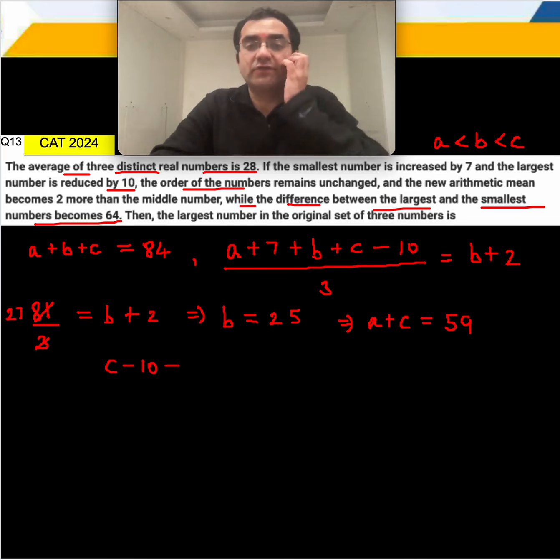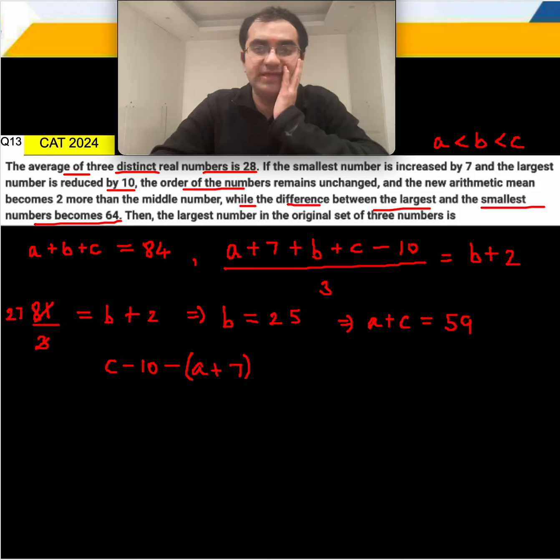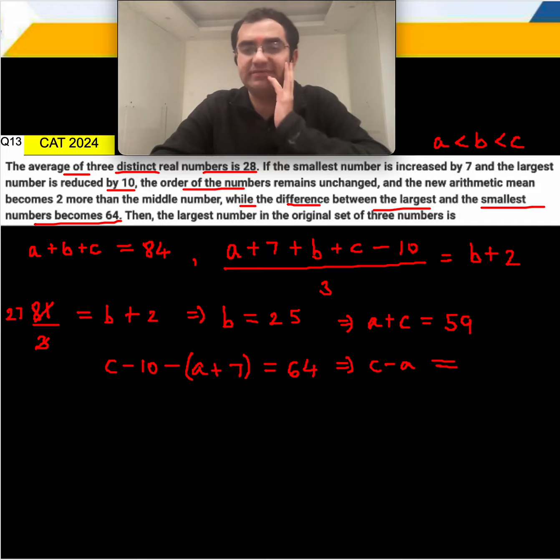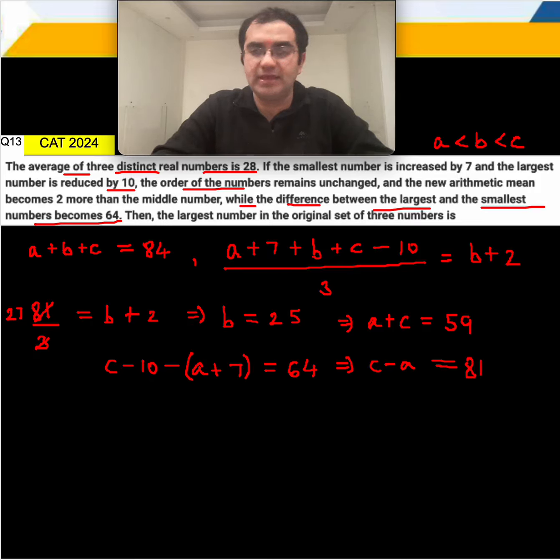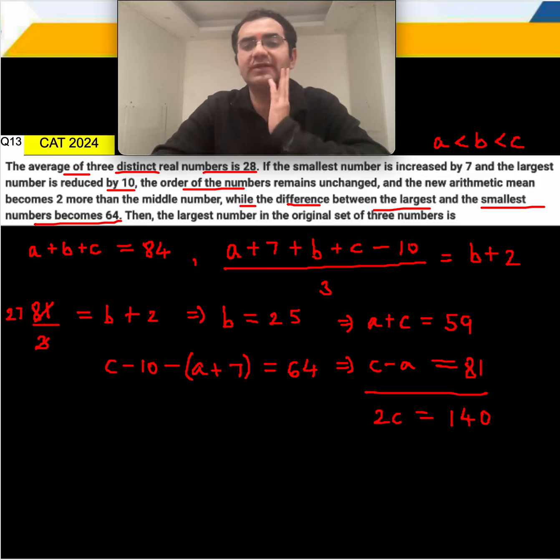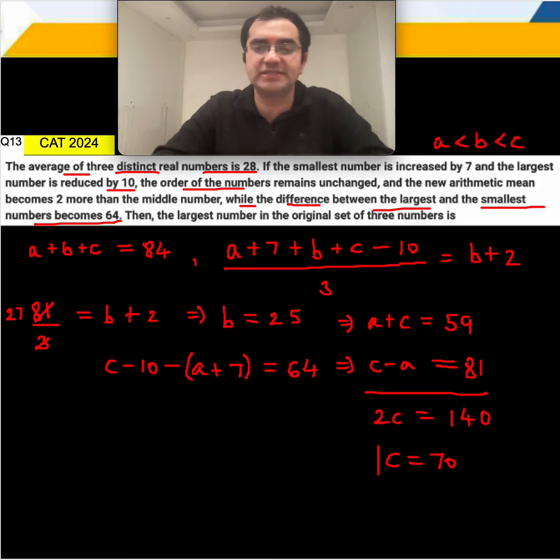And the difference of the largest, C minus 10, and the smallest, A plus 7, is 64. So from this I get C minus A, that is 64 plus 7, 71 plus 10, 81. From here my largest number will come. Add them up. 2C is 140, C is 70. 70 is the right answer for question number 13.